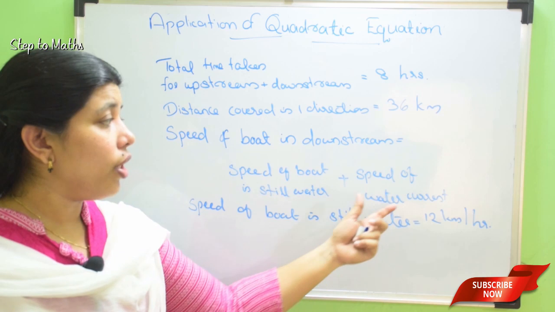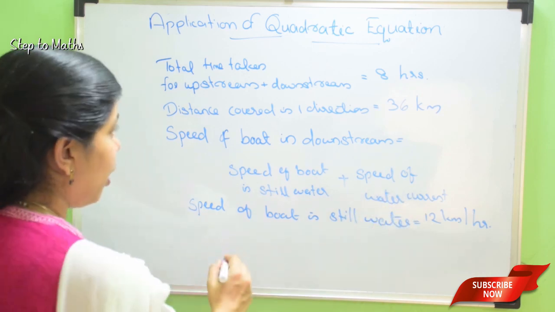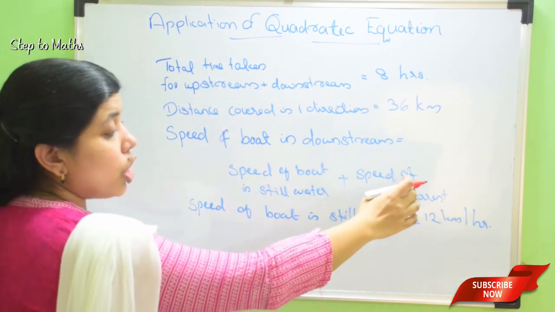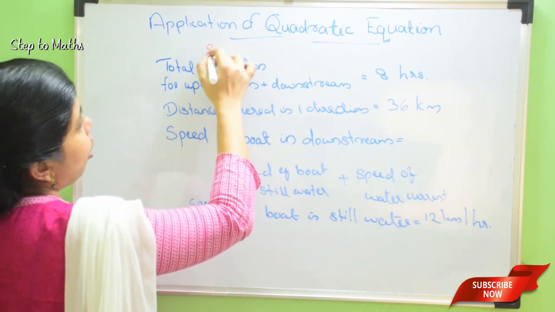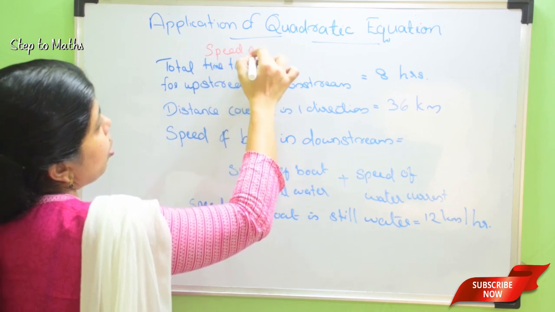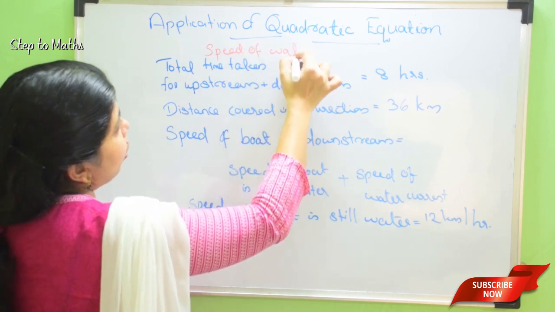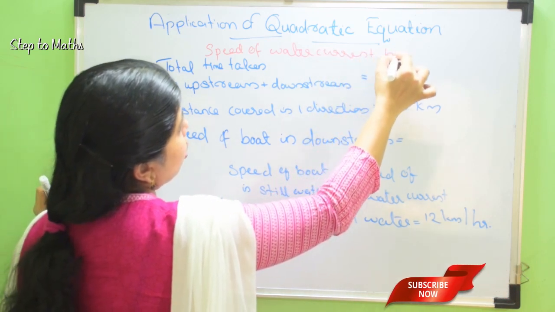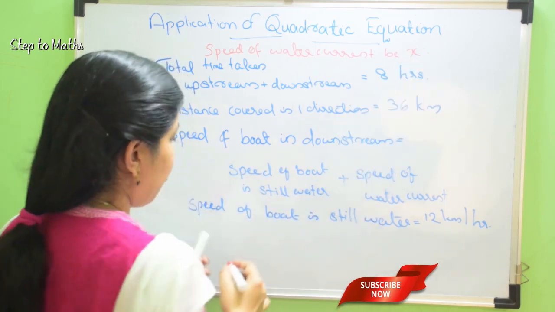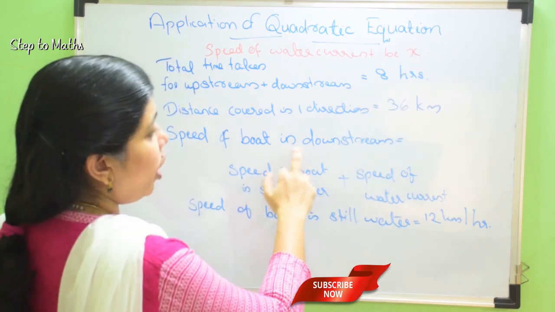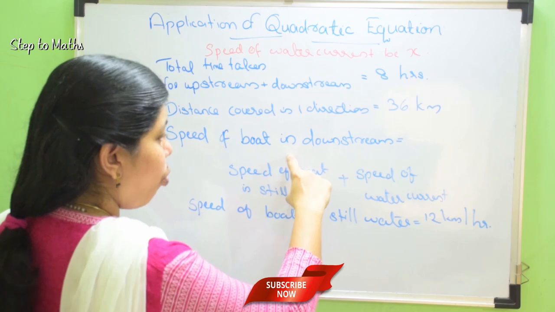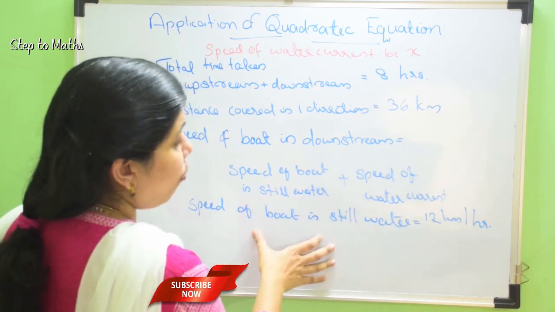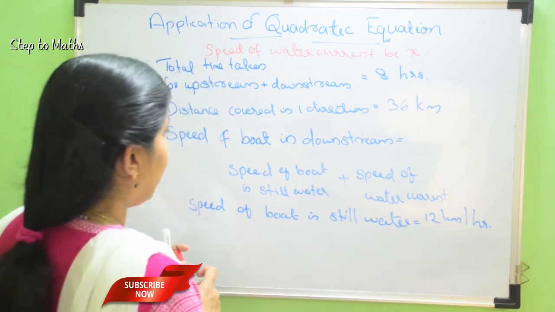We have to find out the speed of water current, that we take as x. Speed of boat in downstream is equal to speed of boat in still water plus speed of water current. Speed of boat in still water is 12 km per hour.